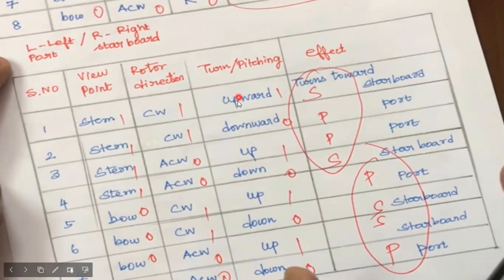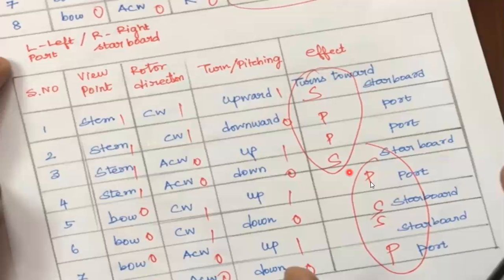Instead of left and right, you're going to write upward and downward, because now we're going to consider the pitching effect. So instead of writing left right, you will write upward, downward, up, down, up, down, up, down like this. Just have a note of it. You need to memorize SPPS. This is the sequence: SPPS and PSSP. If you remember this sequence, it's very easy to write.